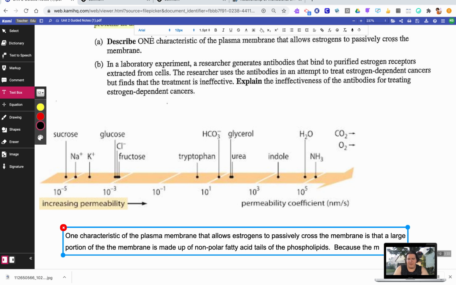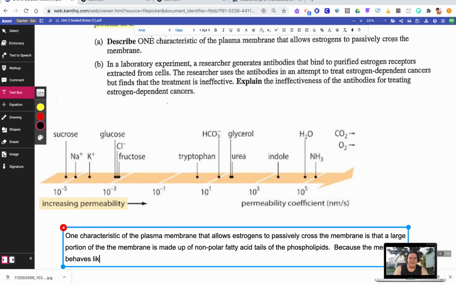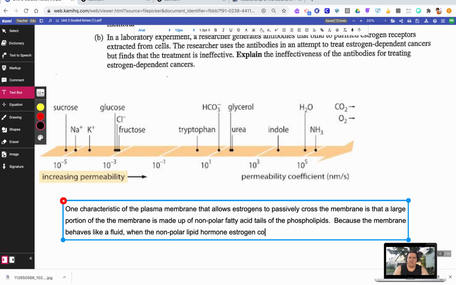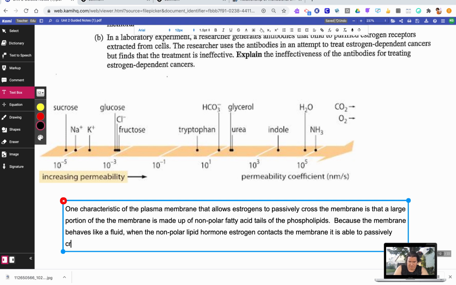Because the membrane behaves like a fluid, when the non-polar steroid, I'm going to change that to lipid hormone, estrogen, contacts the membrane, it is able to passively cross the membrane. Okay.